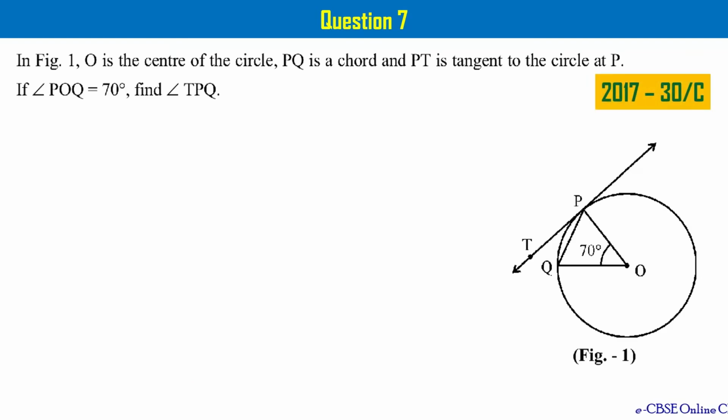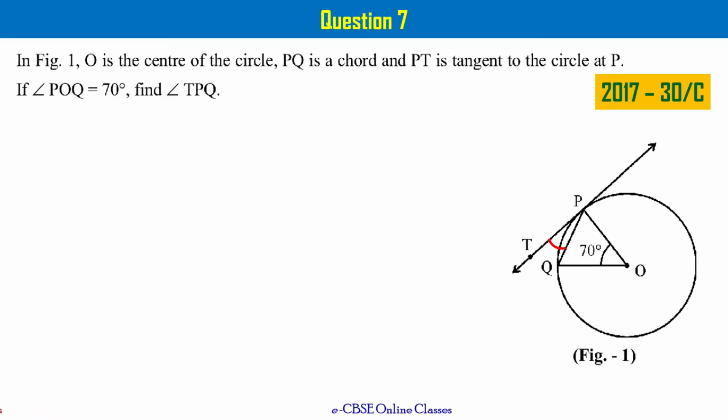In figure 1, O is the center of the circle, PQ is a chord, and PT is tangent to the circle at P. If angle POQ is equal to 70 degrees, then we are asked to find angle TPQ. The angle which needs to be found, that is angle TPQ, is shown using red color line in the figure. Now, I'm not going to solve this problem. This is exactly similar to what we have solved just now.